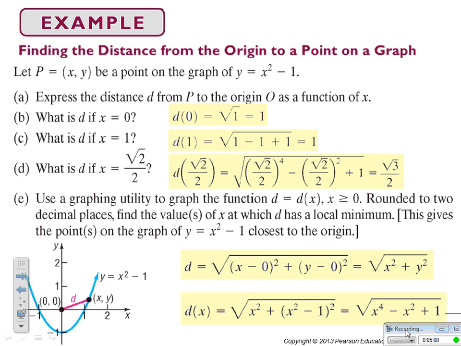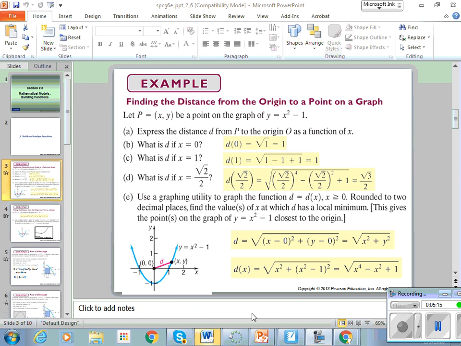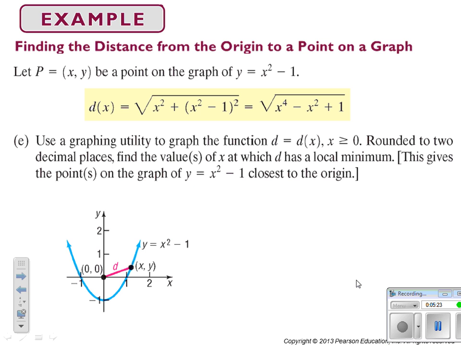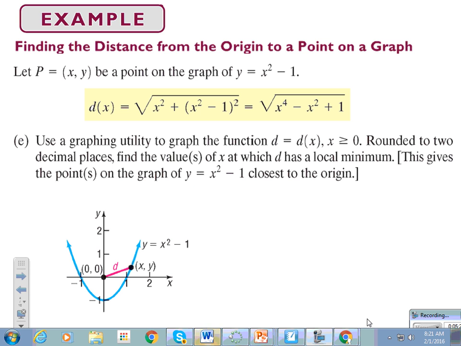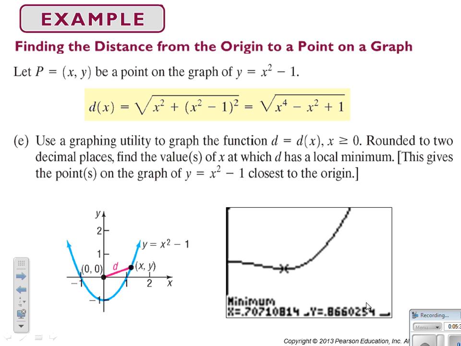So go ahead and get out your graphing utility. Okay. So if I'm going to graph this and find the local minimum, we want to make sure we are just looking at the values that are greater than or equal to 0.